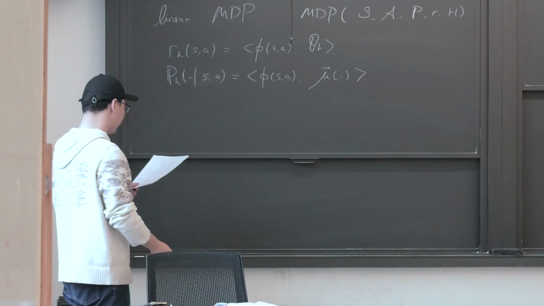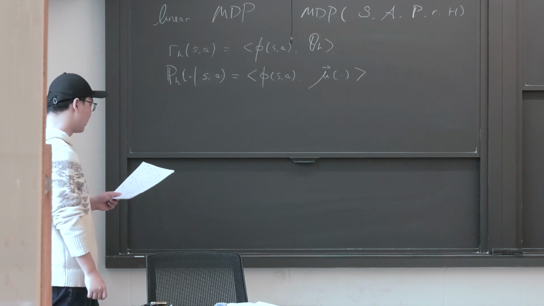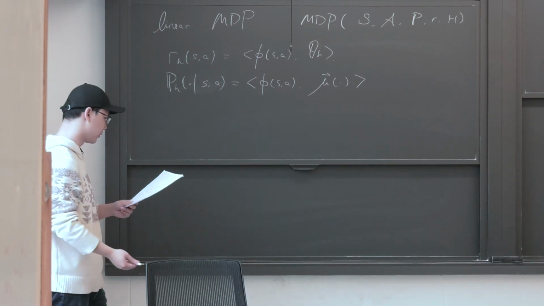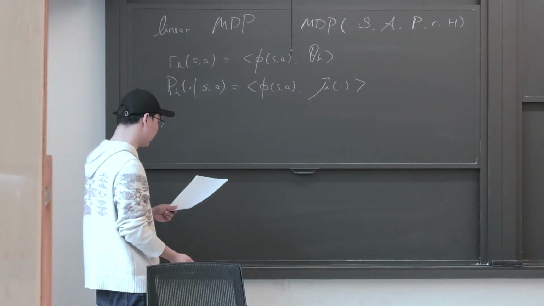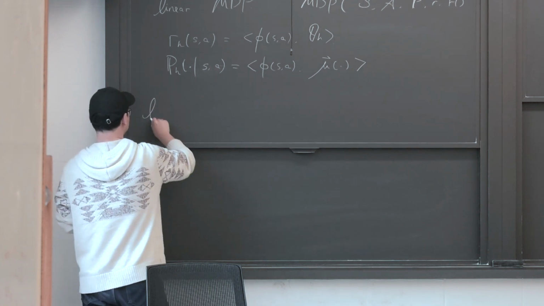And in the very end of the last lecture, we talked about how we want to do essentially value iteration for this linear function approximation. The algorithm we talked about is the so-called least squares value iteration.